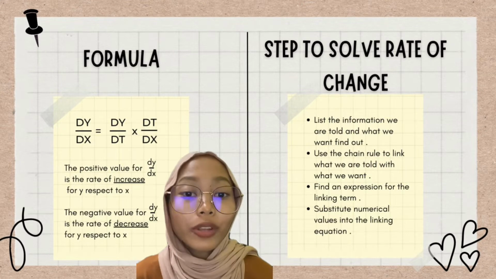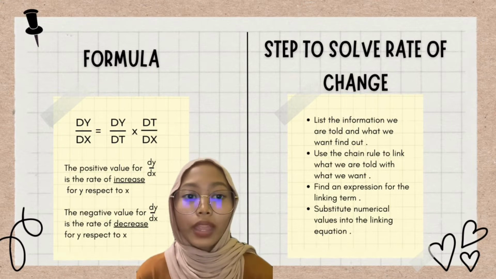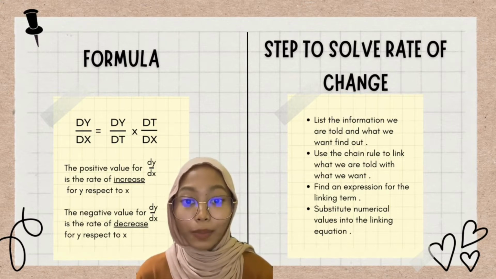For the formula of differentiation, dy/dx equals dy/dt multiplied by dt/dx. The positive value of dy/dx is the rate of increase for y with respect to x.